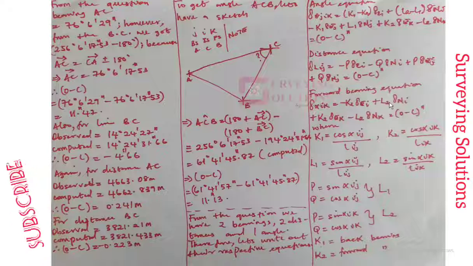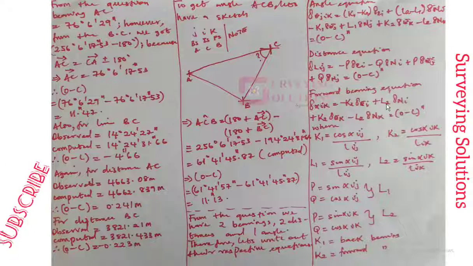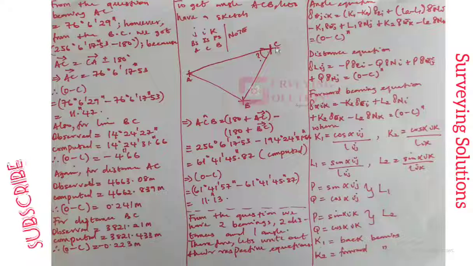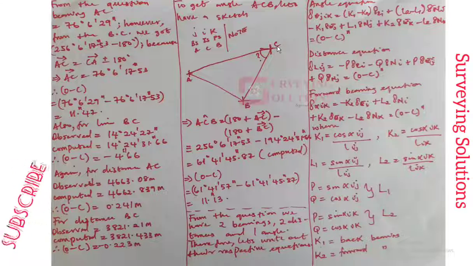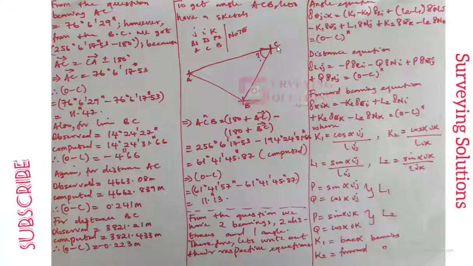That's why you see L2 under delta northing. Same thing for CB. Since we are still using C as our instrument station, by the time you go down, you still see minus K2, because that's still our instrument station, I. Then for the delta northing, we have L2. Are we together? So that's how we filled in that table.